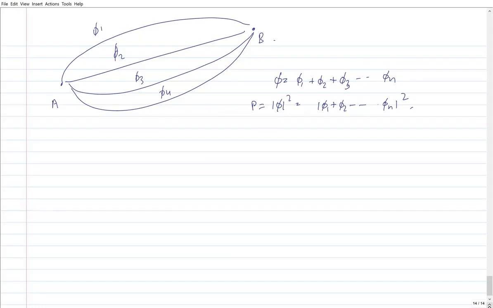So keep in mind, we still don't know what's going on. I mean, deep down, maybe the electron breaks up. I have a double slit experiment.